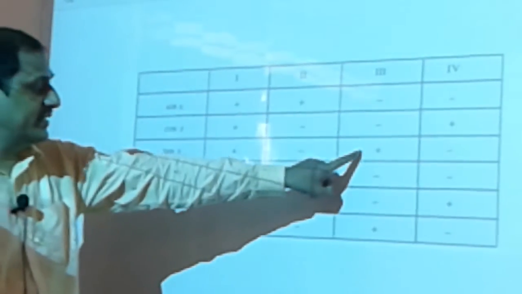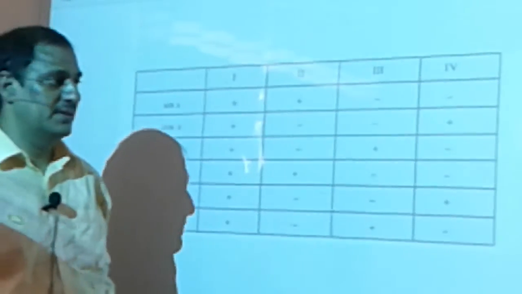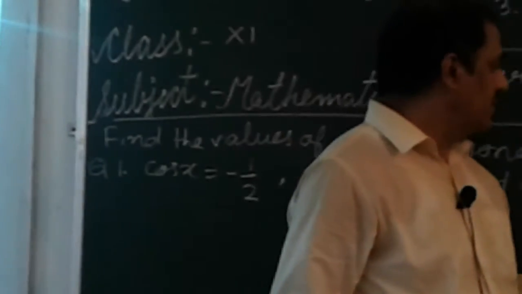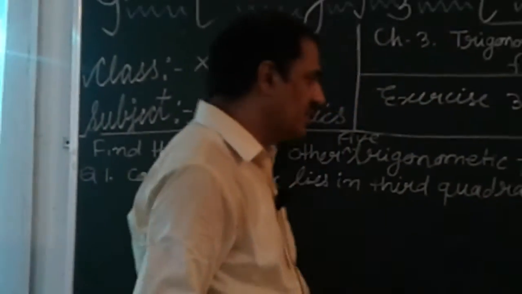The signs of tan and cot in the third quadrant are positive. So first I am going to find the value of sin x.